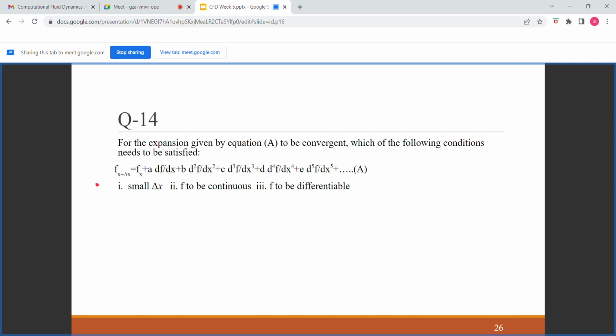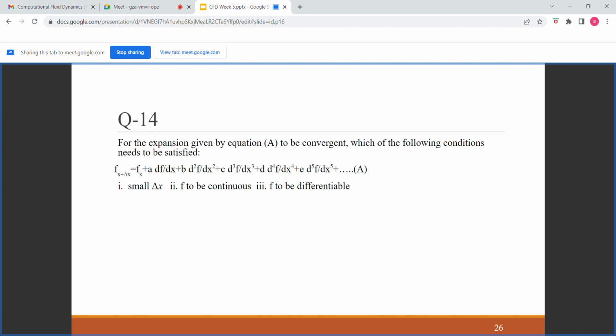So, f of x plus delta x is equal to f of x plus a times dou f by dou x plus b times dou square f by dou x square plus c times dou cube f by dou x cube plus d times dou power 4 f by dou x power 4 plus e times dou power 5 f by dou x power 5.